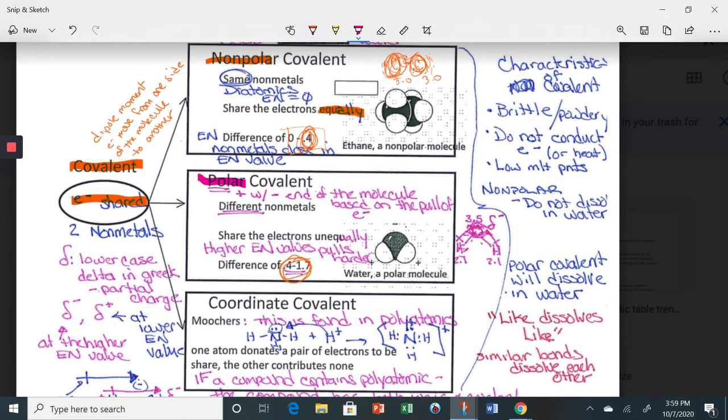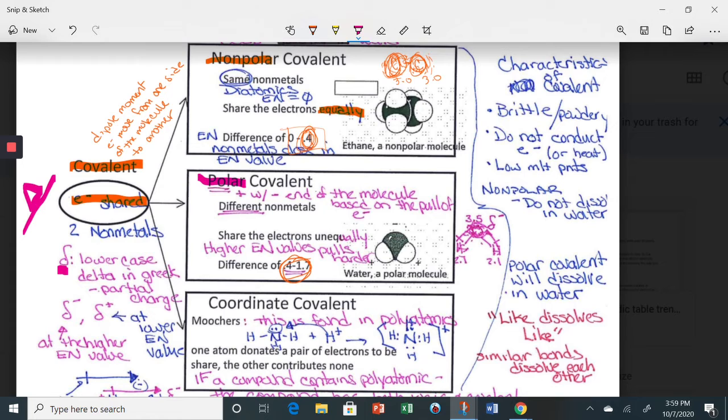Okay, now, these partial charges are represented by this wonderful little letter called lowercase delta. Because big delta, right, capital delta, is like a triangle, and I'm writing it this way. Here's the bottom of my page because I'm at a slant. So this is capital delta.